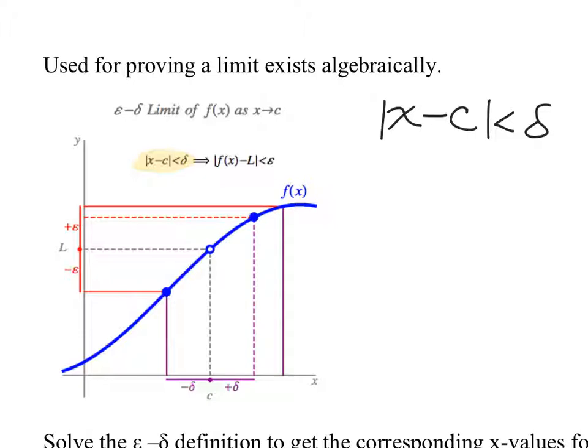Okay, so algebraically, this would boil down to negative delta less than x minus c, which is less than positive delta. All right, so good old algebra 2 coming back. I could also add c to everything to get x alone in the middle.